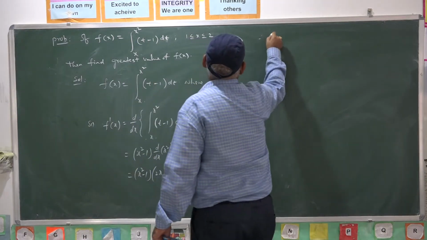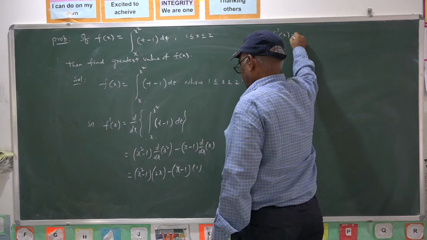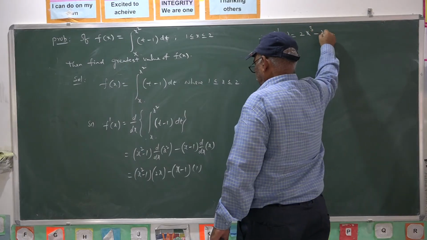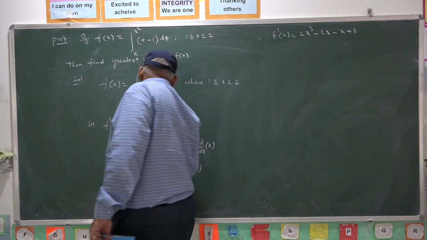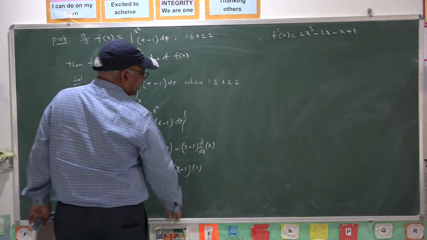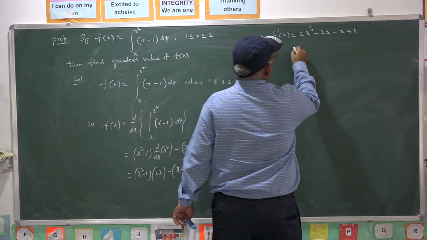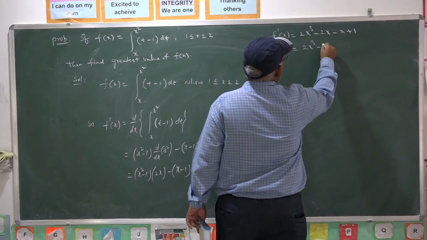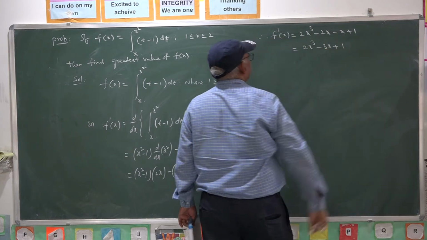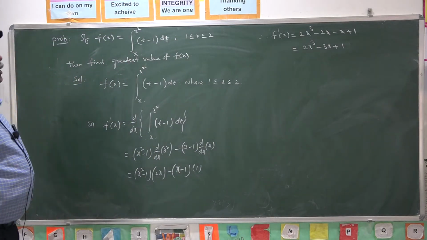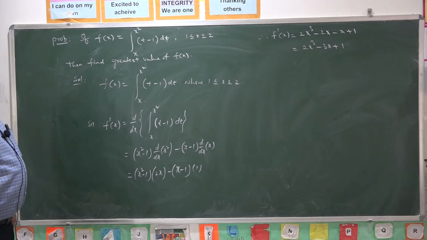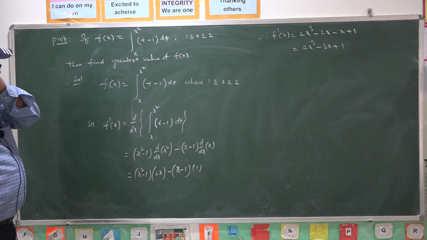Hence, therefore, f dash x is 2x cube minus 2x minus x plus 1, which is 2x cube minus 3x plus 1. Now find the stationary points or the critical points where f dash x is 0.